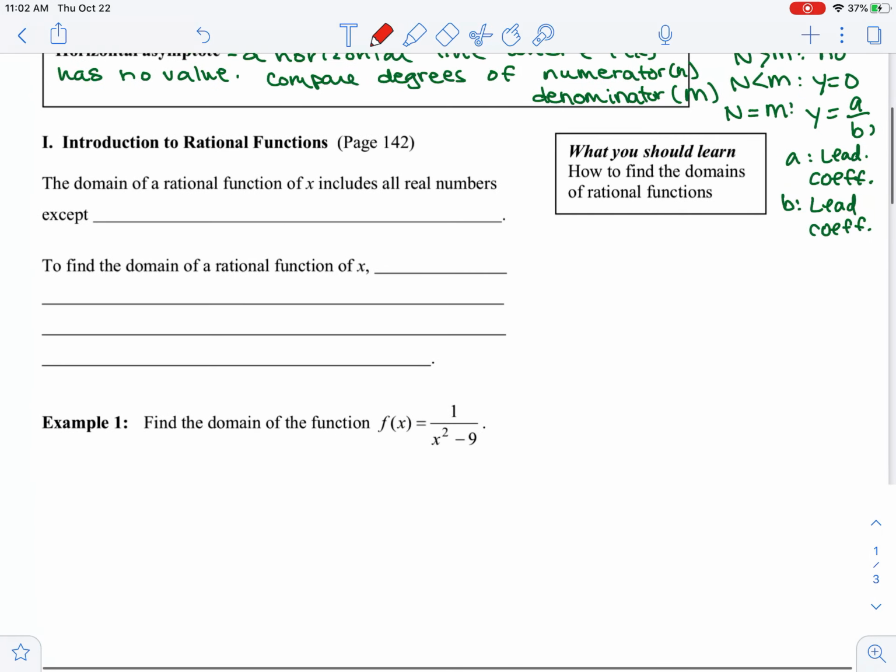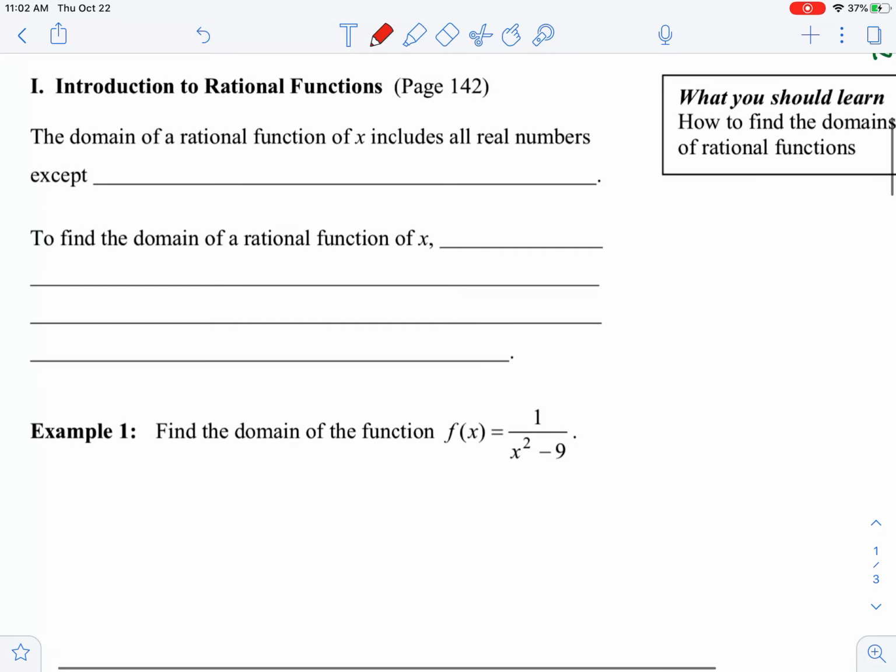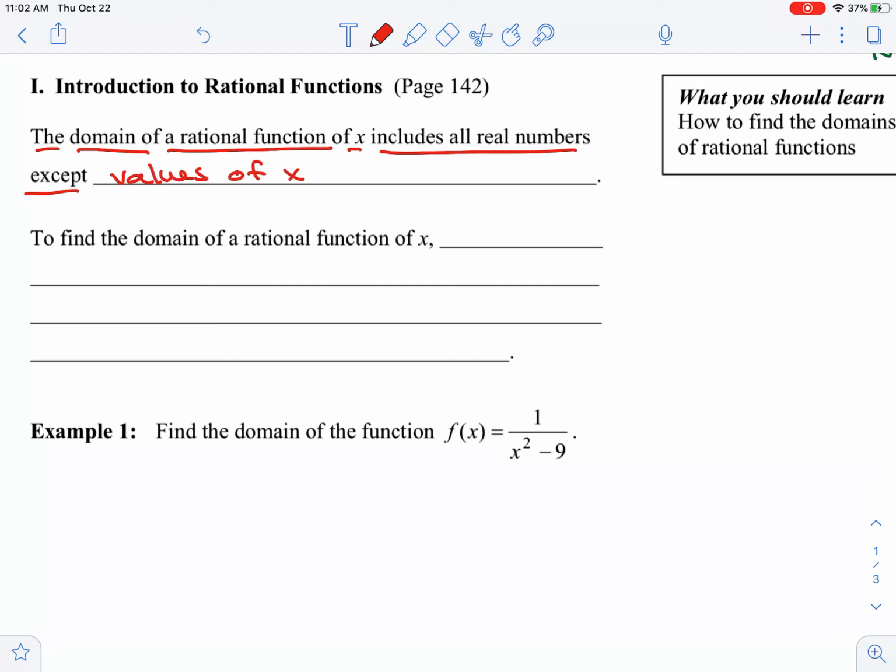Okay, moving on, talking about rational functions, and you can read about this on page 142. The domain of a rational function of x includes all numbers except values of x that make f of x undefined. Basically, that means any value of x where the denominator would equal 0.